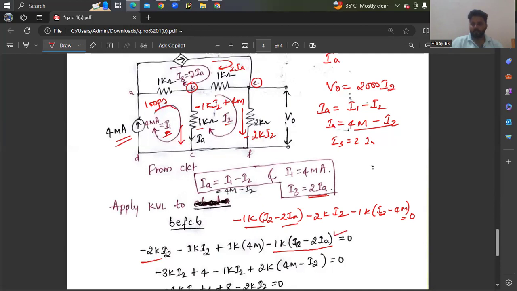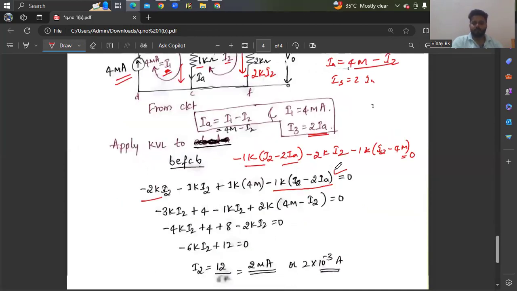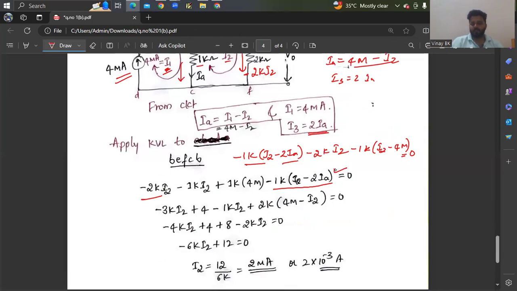Okay, substituting the values, you'll get minus 2K I2, after reducing this, minus 1K I2 minus 1K into I1, that is minus 1K into 4 milliamps, that is nothing but plus 4, minus 1K into I2 minus 2IA.